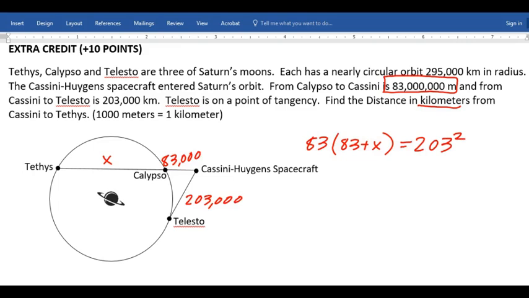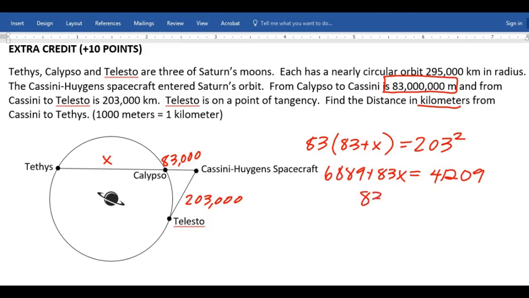So when I multiply 83 times 83, I get 6889 plus 83x. And then when I square the 203, I get 41209. Then I'm going to subtract the 6889 from the 41209.